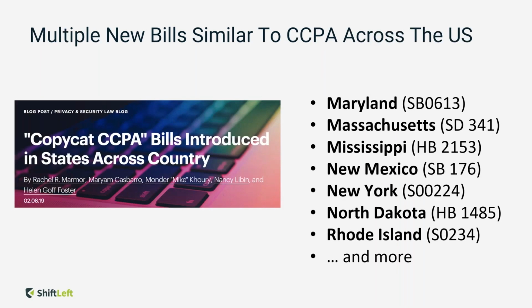And it doesn't stop with the CCPA. The CCPA is one bill that is top of mind for a lot of businesses today. But other states are doing something similar. So there's a bunch of states across the US who have similar bills, either in the process, close to being passed. Some of them even have dates of when they will go into effect. So CCPA is just the first one in the US, but there's a bunch following it.